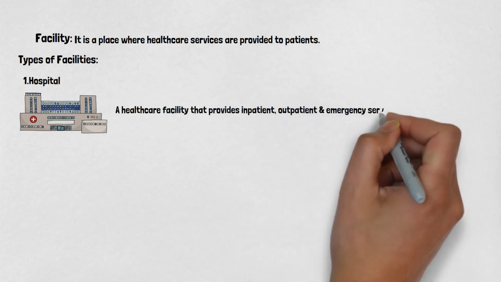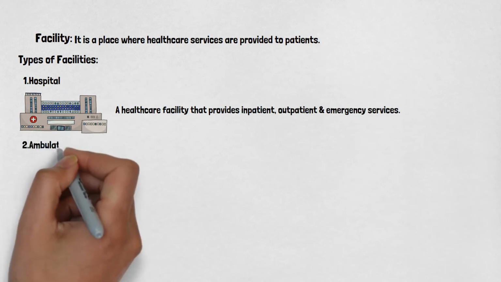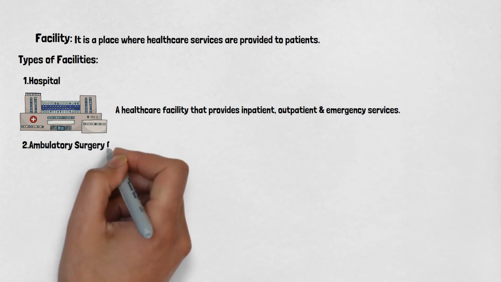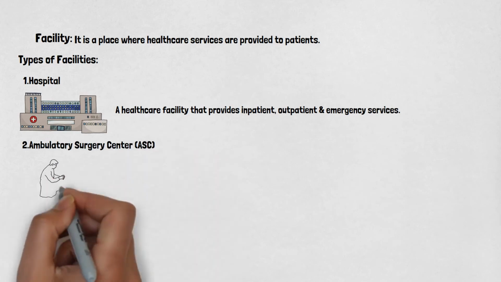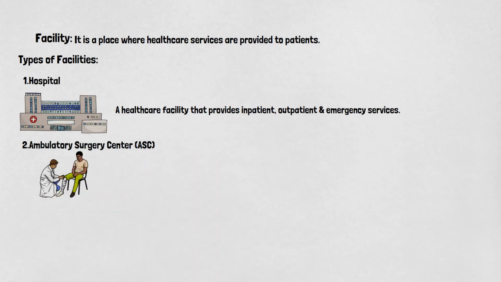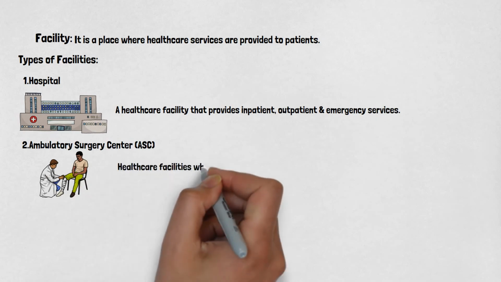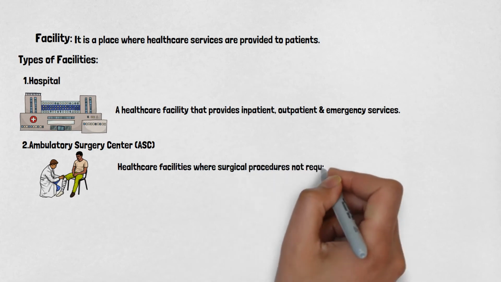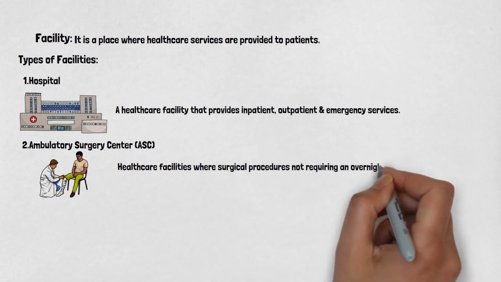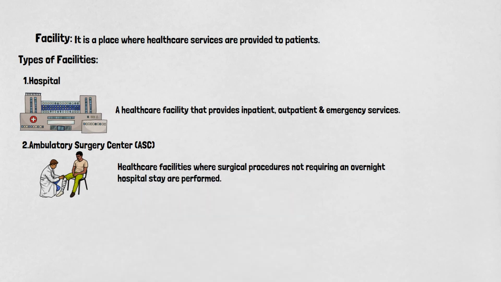The third one is skilled nursing facility, also known as SNF. A healthcare facility where nursing care and related services are provided to patients at a lesser intensity than an acute care facility like a hospital.